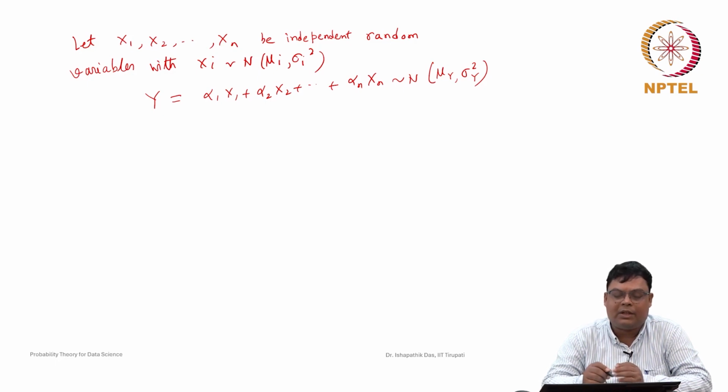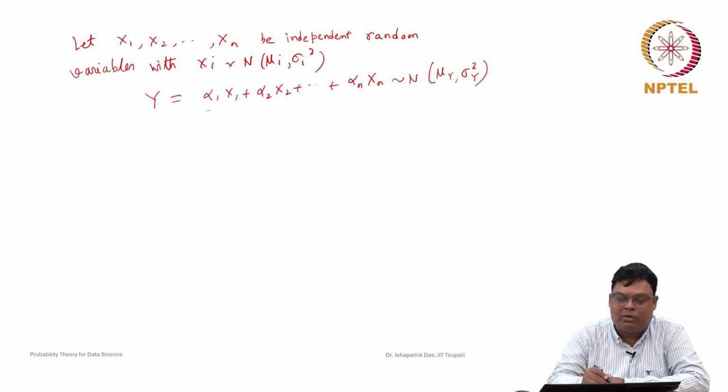Using the moment generating function, which is nothing but a transformation of random variables, we will learn how to find the distribution of a transformation of random variables, and then we can find this distribution. Now, if you assume that the linear combination has a normal distribution with mean mu y and variance sigma square y, then you can easily find the mean and the variance.